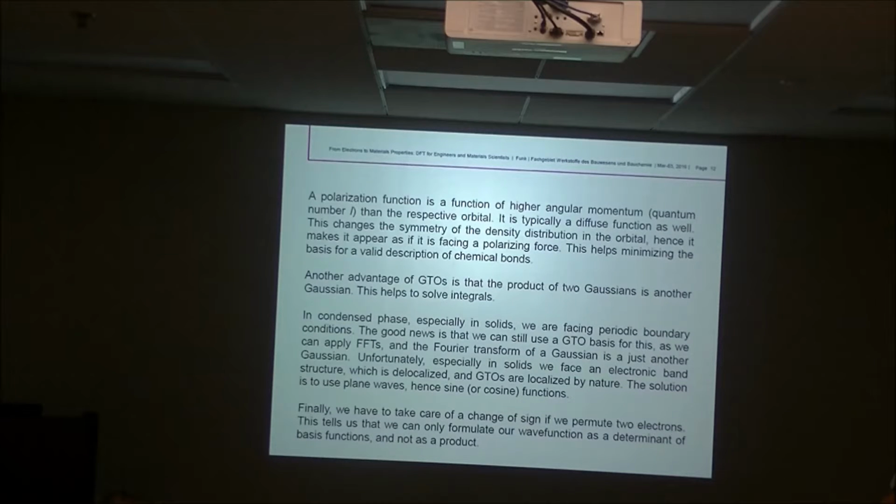But what we can also do is, just give it just positive, add a p function to it. We just added. So this means that here some density is reduced. And on the other side, we are having more density.